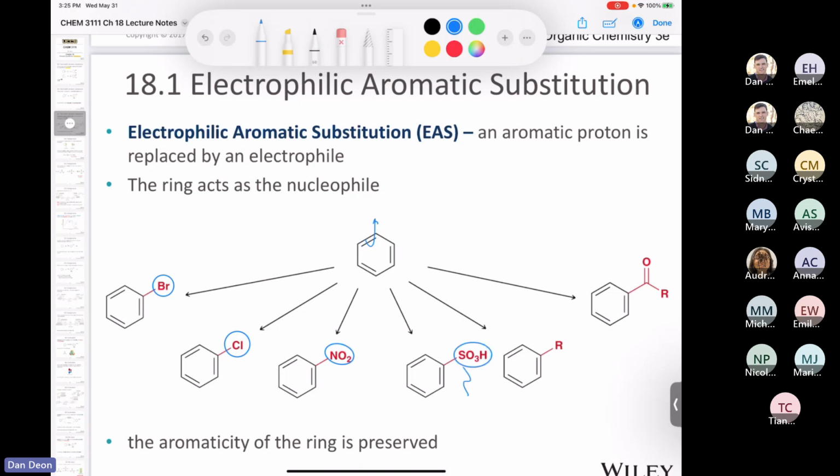This group is called a sulfonic acid. Alkylation, to install an alkyl group. And the last one is acylation, to install an acyl group. So this would be alkyl, and this would be acyl. So we are going to see all these different situations where the aromatic ring reacts as a nucleophile, and we can put all these different substituents on.